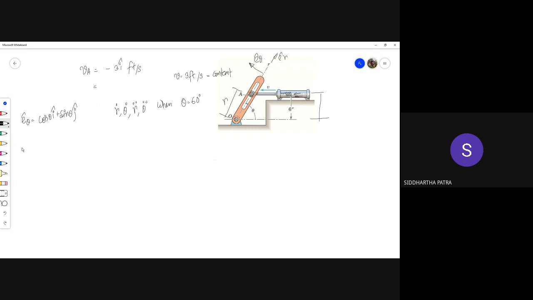And if theta is 60 degrees, that is 0.5 i plus 0.866 j. Sorry, this is supposed to be er.